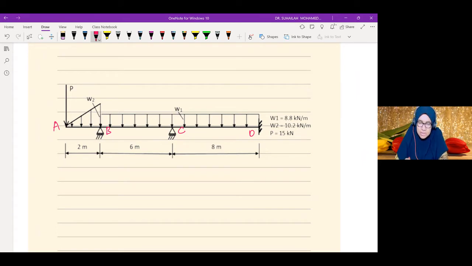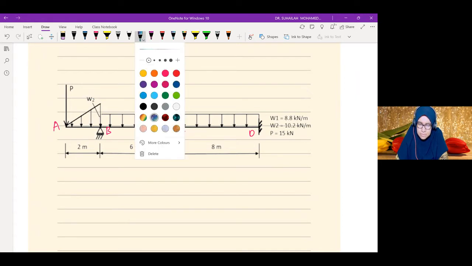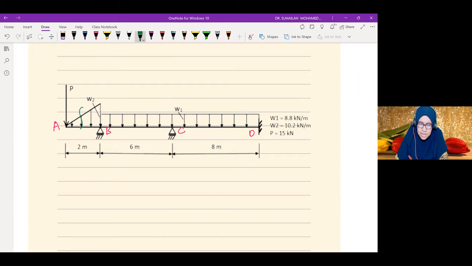We have 3 cutting sections. And this beam has two redundants because B is a roller, C is a roller, A is a cantilever, and D is fixed.